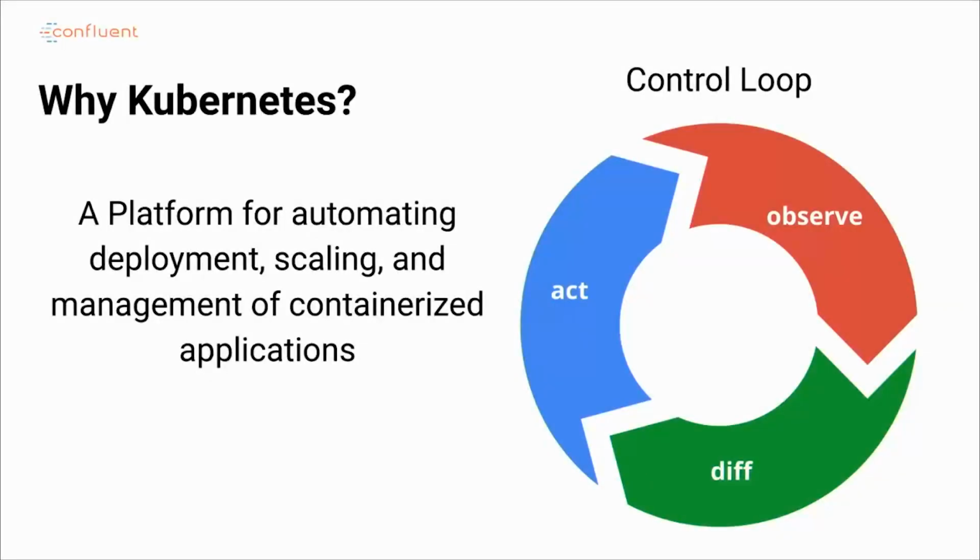Before going to the Confluent Operator, we have to understand why Kubernetes. Kubernetes provides a platform to automate container applications, that means whole lifecycle management. It can deploy, scale, and manage container applications.